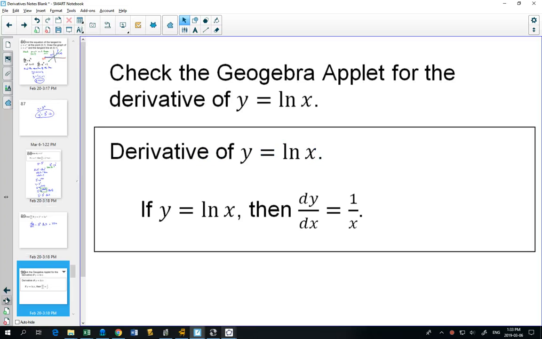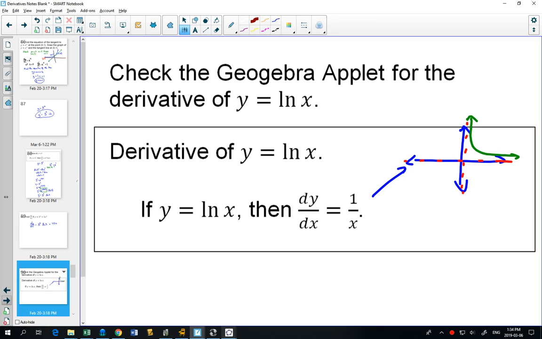Well, technically it's only part of the 1 over x graph. Because the 1 over x graph, if we remembered the 1 over x graph completely, the complete 1 over x graph has this part which we saw, but it also has this part.